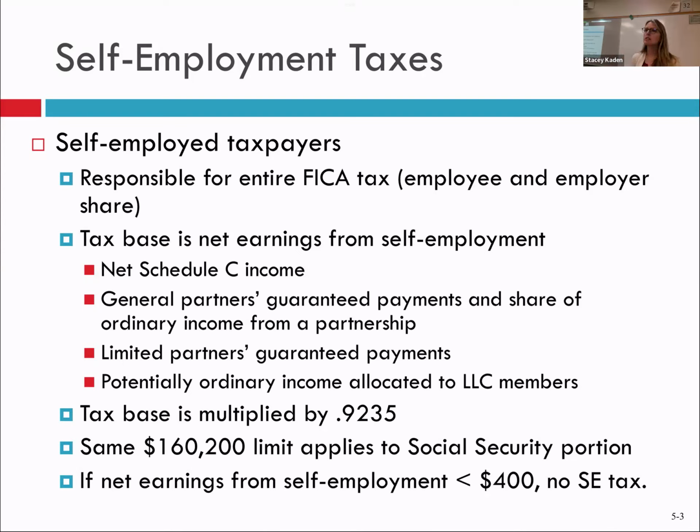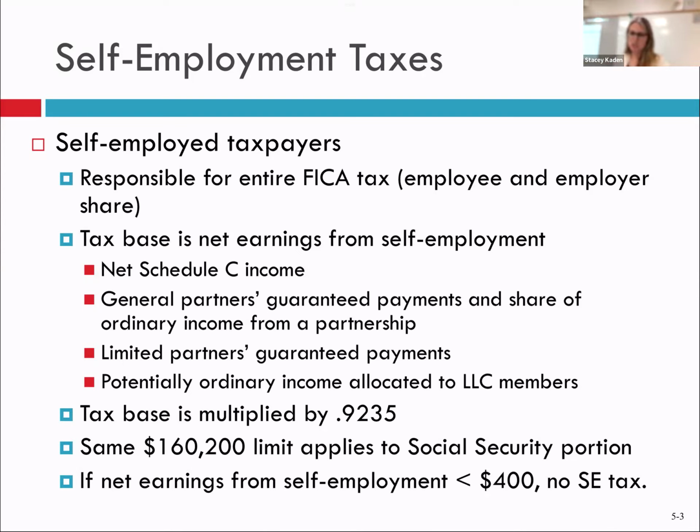So guaranteed payments for a partnership are like a salary, and they don't keep taxes out of them. All right. So you add all those up, take them times 0.9235, and then you would calculate your tax.